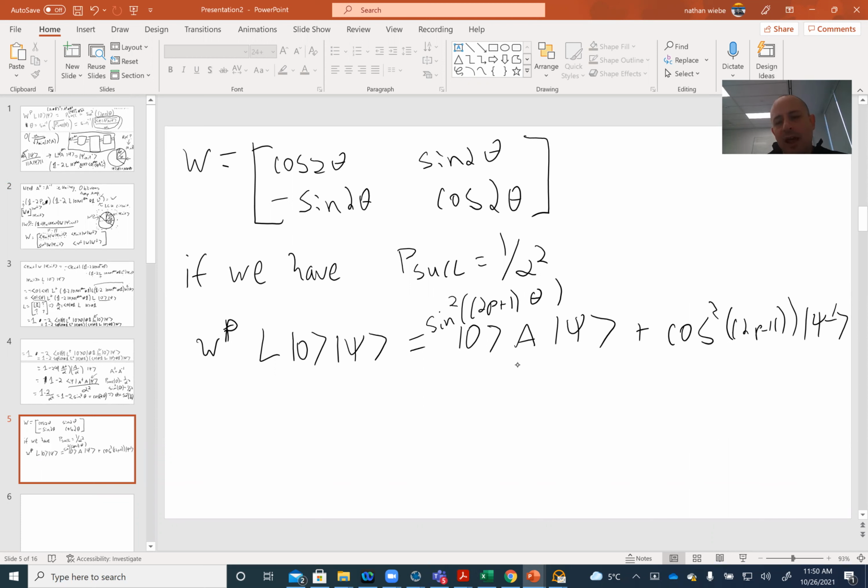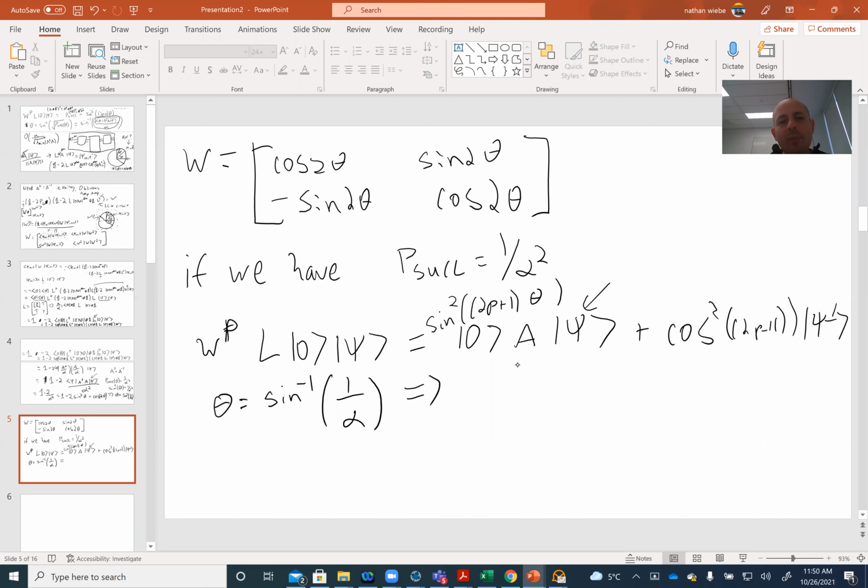Then the probability of us successfully applying A to psi is given by this. And theta is of course equal to the arc sine of 1 over alpha in our case.